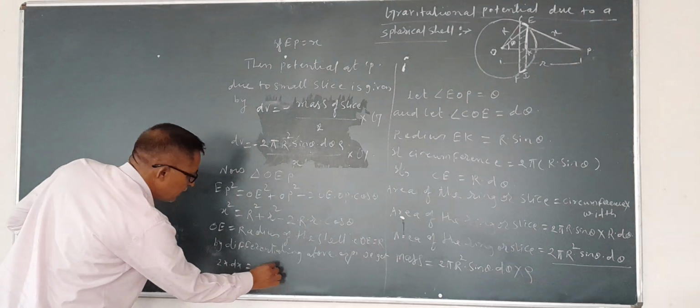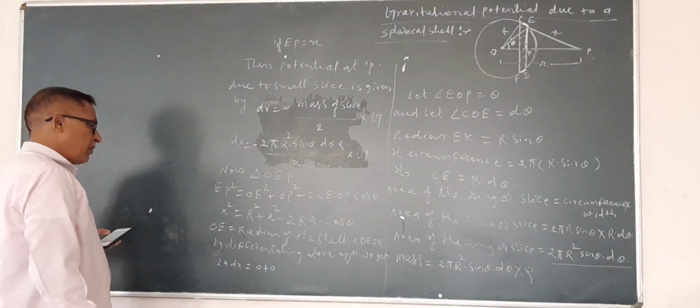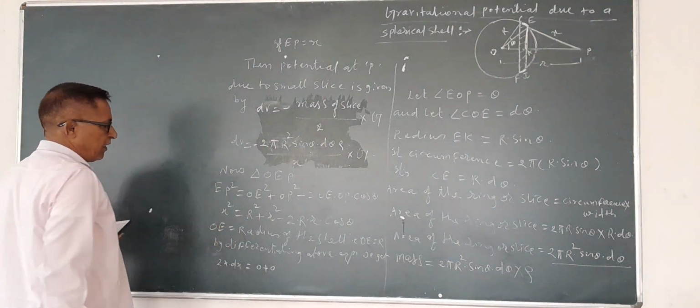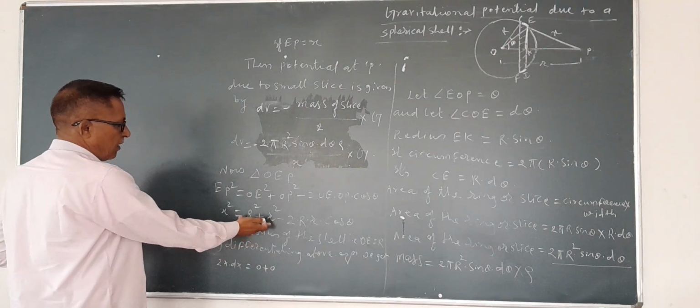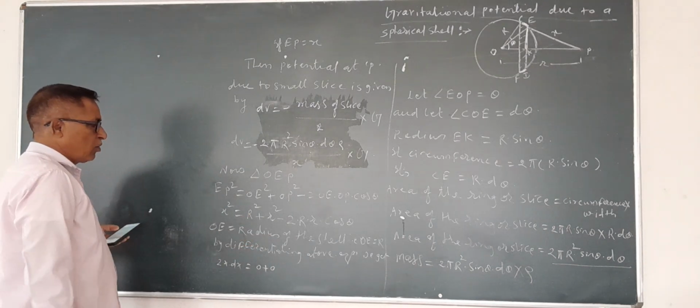Similarly, this R is also constant, its differentiation is 0. R is the radius and r is the distance, and both are constant quantities.